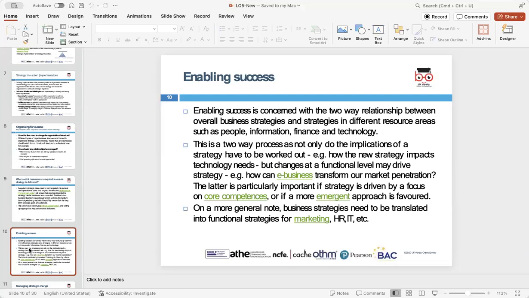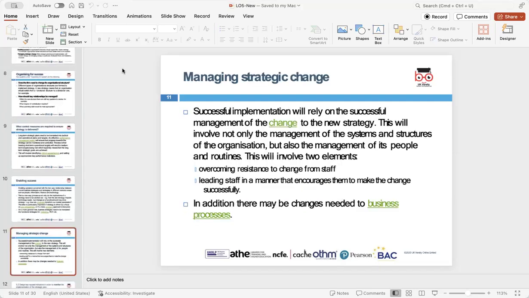Additionally, businesses must ensure that their overall strategies are translated into functional strategies for areas such as marketing and technology. These functional strategies must support and align with the broader organizational goals, ensuring that resources are efficiently allocated for maximum impact. Any questions so far, if anyone is there?